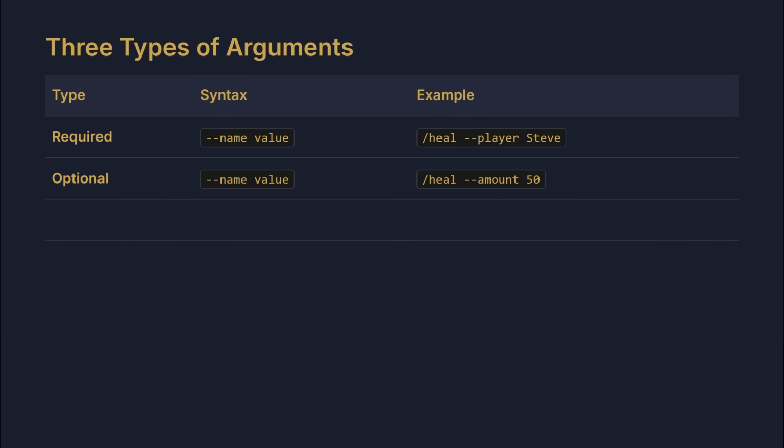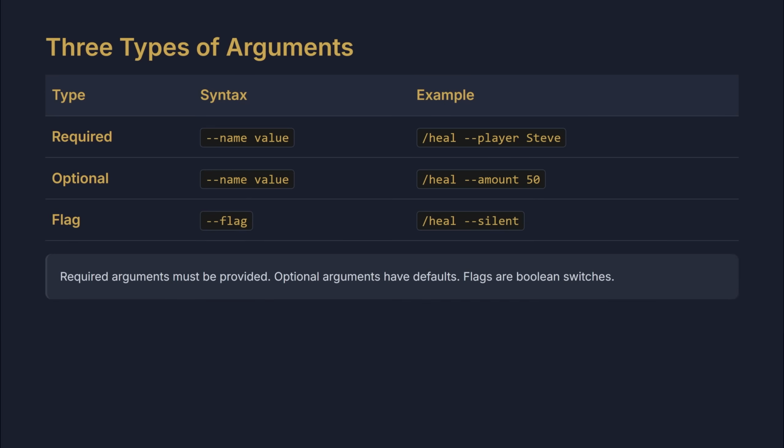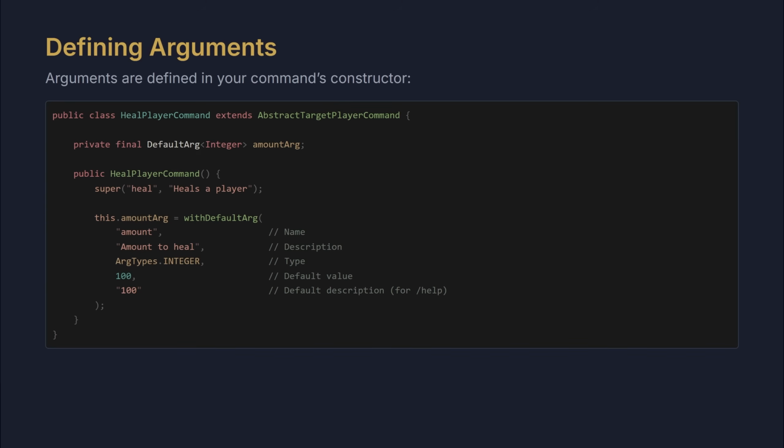On the other hand, we have optional arguments, which don't need to be passed, but they can be used if a player types them in. And we have flag arguments, if you just want a simple Boolean switch. So required arguments must be provided. Optional arguments can have defaults, and flags are Boolean switches. So this is the very basic way of defining arguments.